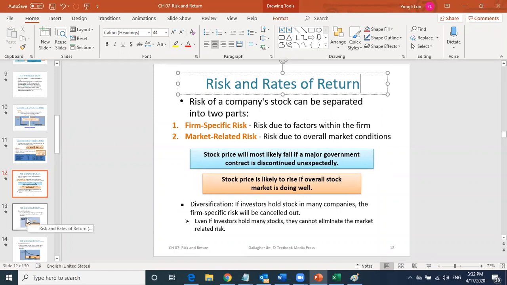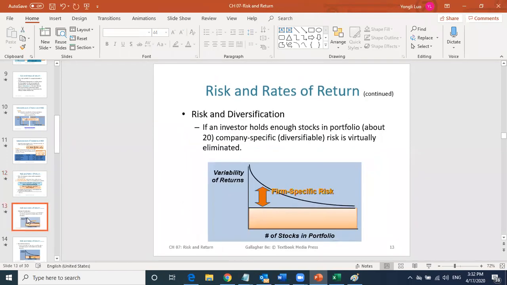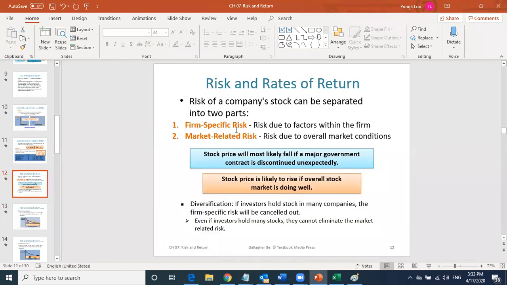And what we can do is minimize the firm-specific risk through portfolio diversification. If you just invest in one stock, you will face two types of risk: firm-specific risk and market-related risk.